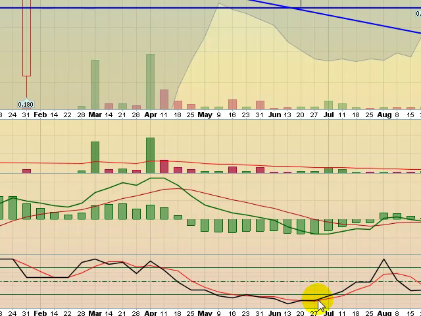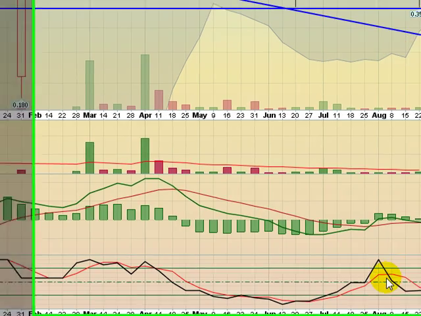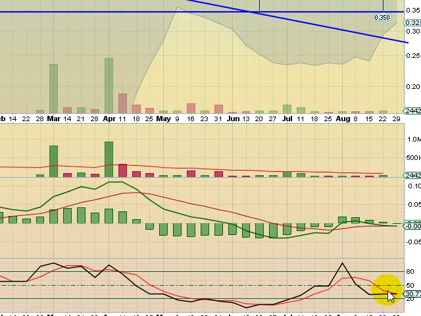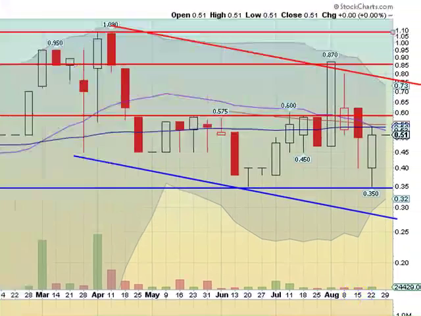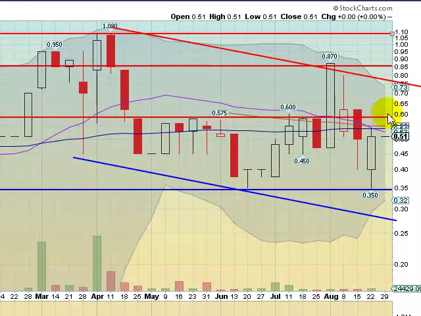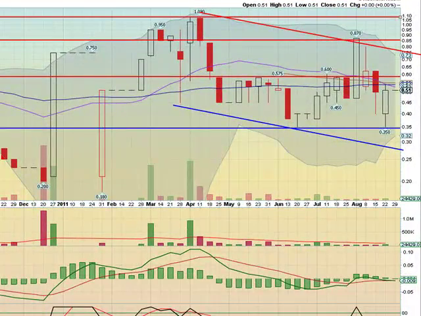You can see that the STO crossed upwards and it crossed down here, signaling another correction, and now we're seeing the STO getting ready to cross over again, also confirming that we should see a move back up into this resistance area around 70-75 cents, or if we break this trend line, then we will very likely see 87 and $1.09 as the next resistance levels to break.